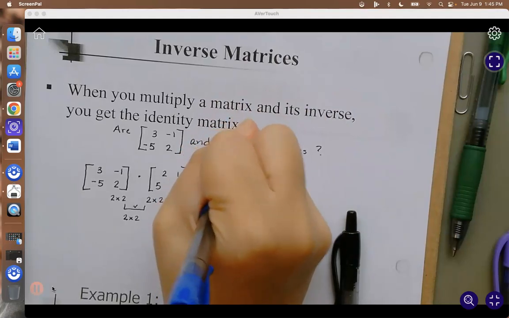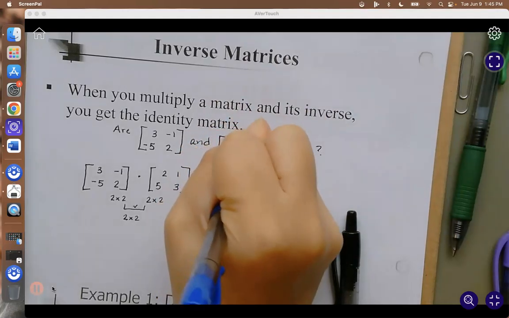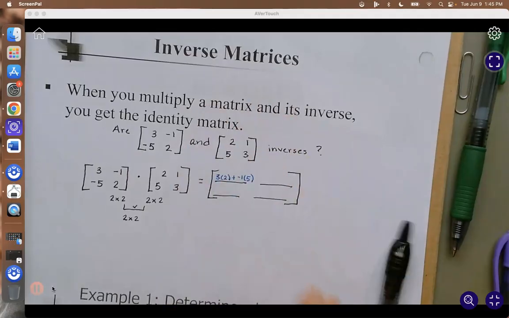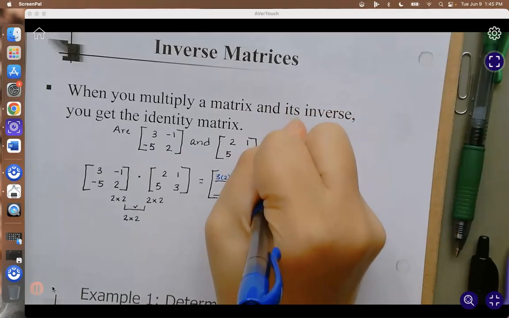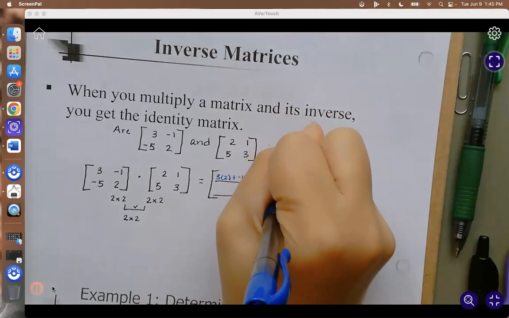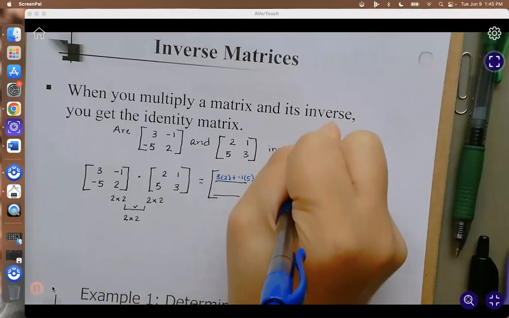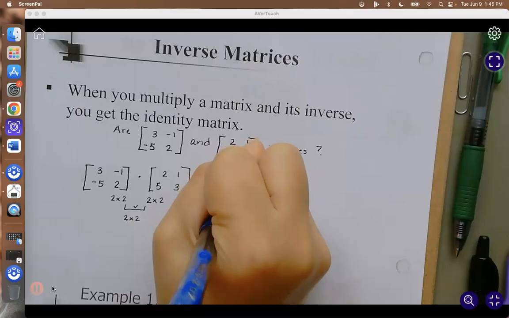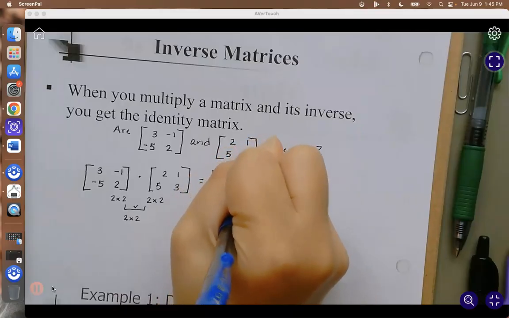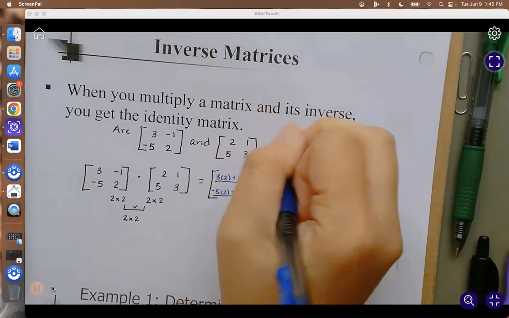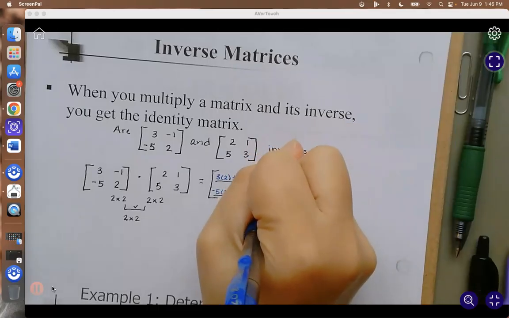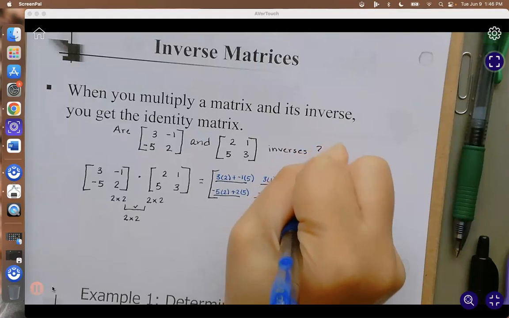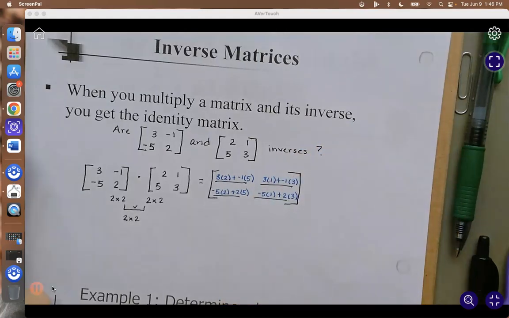So this is 3 times 2 plus -1 times 5. And this is 3 times 1 plus -1 times 3. This is -5 times 2 plus 2 times 5. Then -5 times 1 plus 2 times 3. All right.